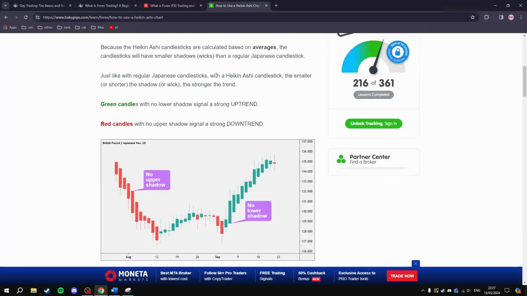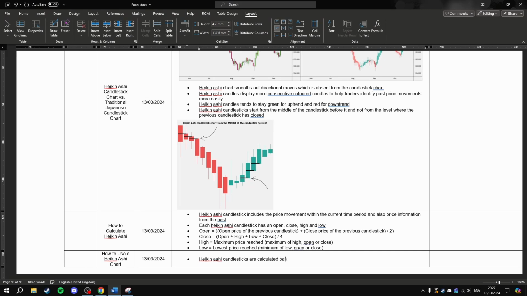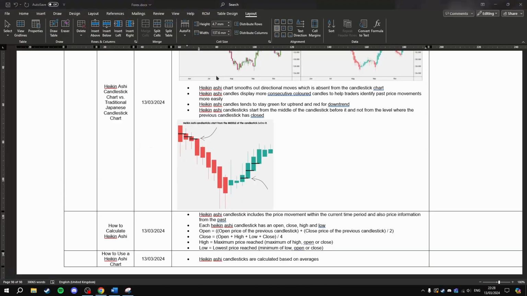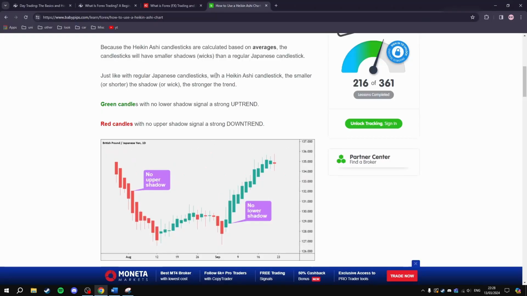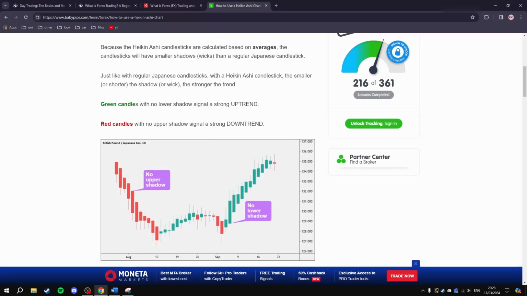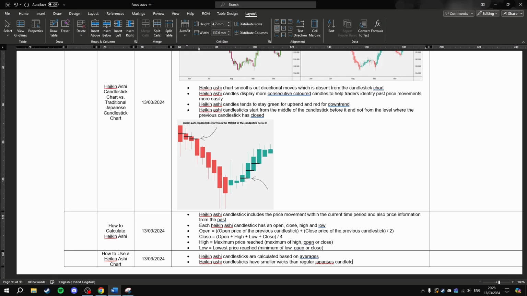Heikin ashi candlesticks are calculated based on averages. Candlesticks have smaller wicks than regular candlesticks.